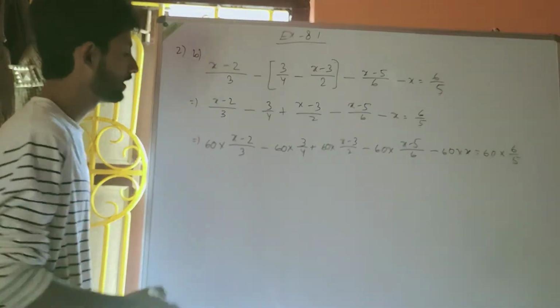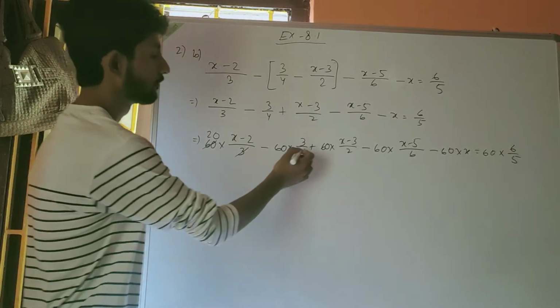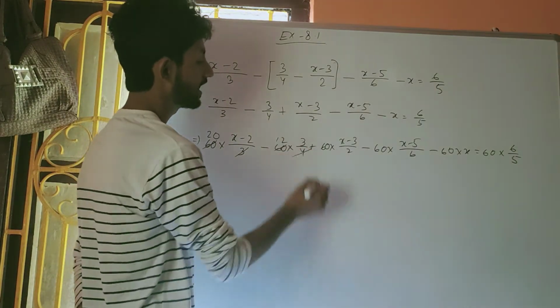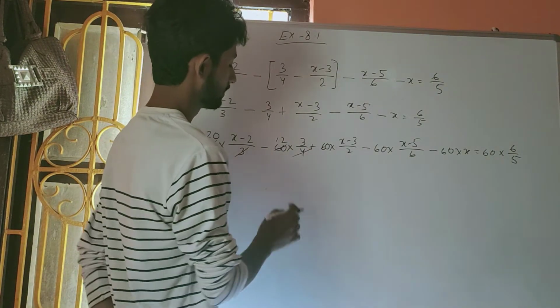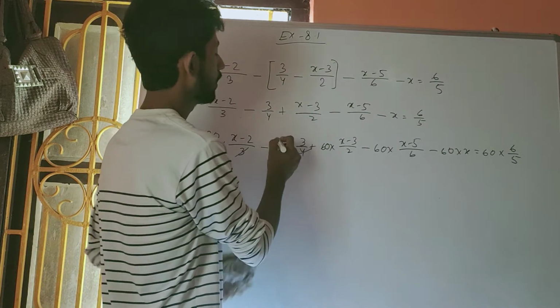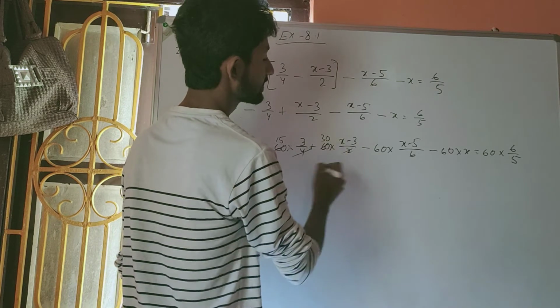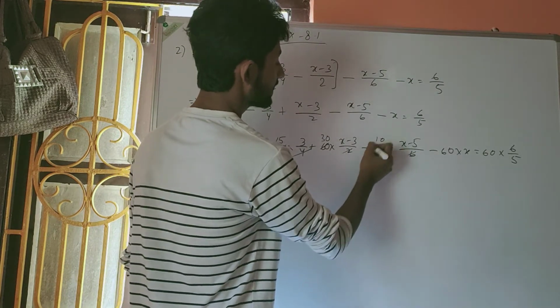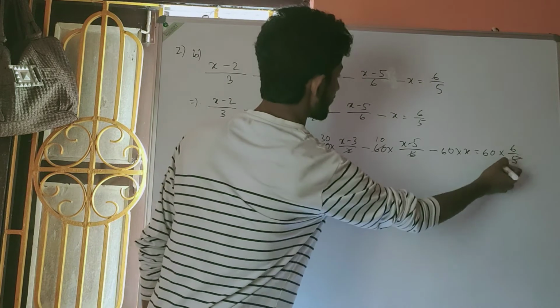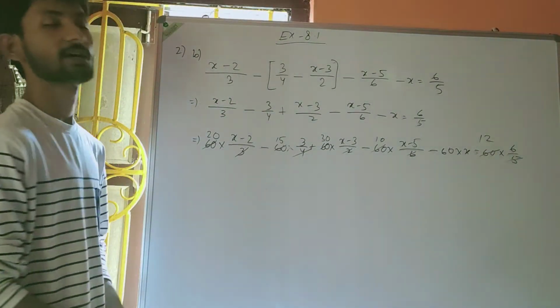Now you have to cut: 3 20s are 60, 4 15s are 60, 2 30s are 60, 6 10s are 60, and 12 5s are 60.